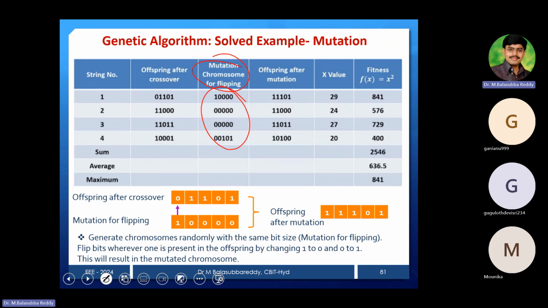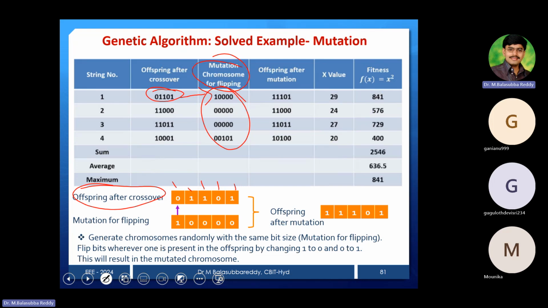Now, for example, I have taken this chromosome after crossover. What is that chromosome? 0 1 1 0 1. Correspondingly, I have generated one random chromosome for flipping.